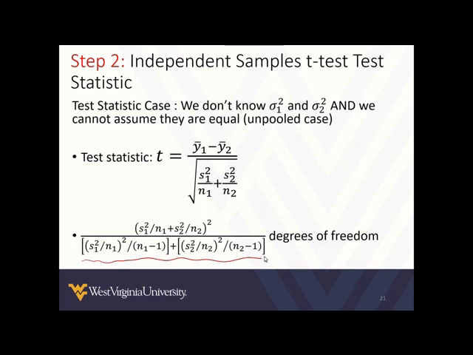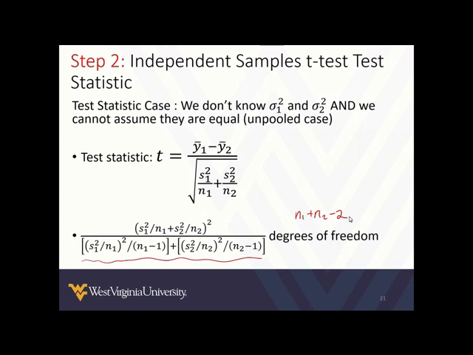Be very careful when you're typing this into your calculators. What I would recommend is I would actually type in the degrees of freedom for the pooled case, that n1 plus n2 minus 2. It's not going to be the exact degrees of freedom, but it isn't usually horribly far off.